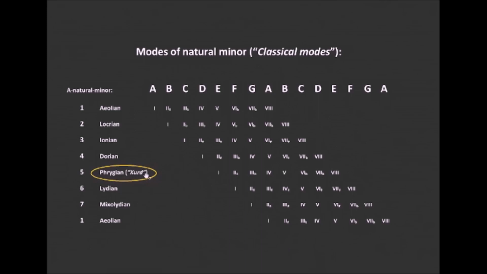This is why all our typical Kurd scales are named Kurd scales, because you start the circle of notes on the 5th, which is the E in A natural minor, or the A in D natural minor.